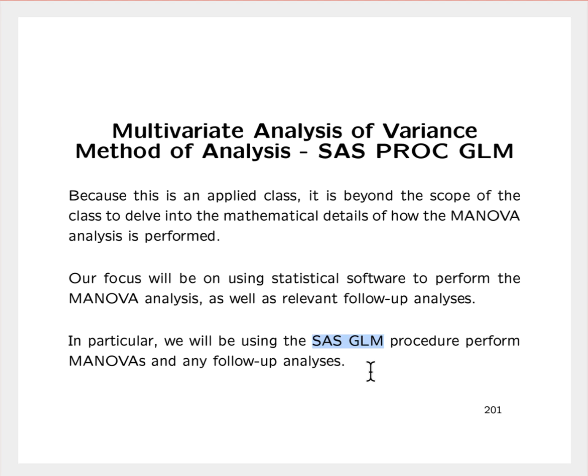All right, so again, we're not going to get into the mathematical details. We're going to use SAS to do the analysis. We're going to learn how to interpret the results, to interpret the output, and how to do follow-up analyses. And so what we've looked at here are the null and alternative hypotheses for the multivariate analysis of variance.